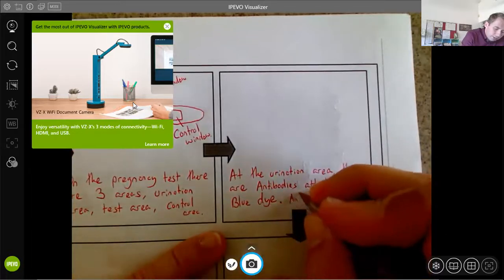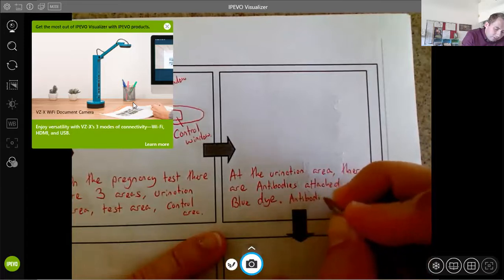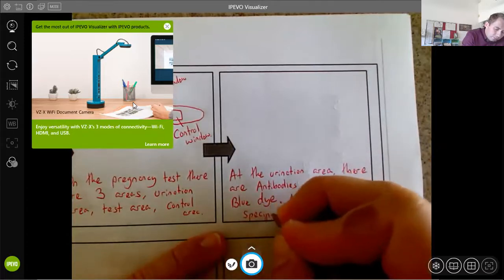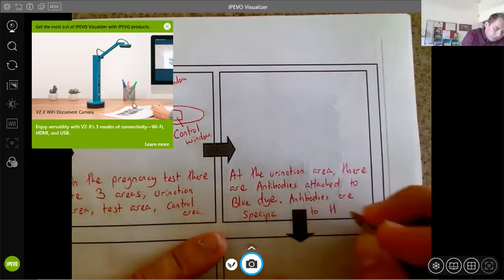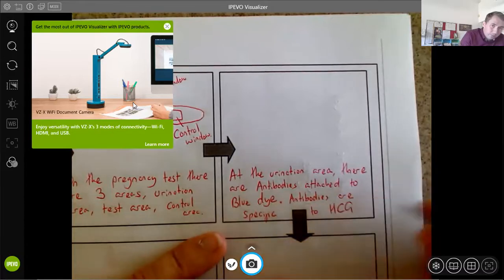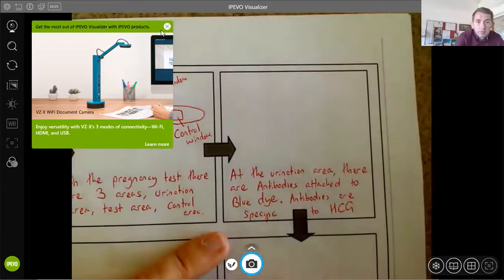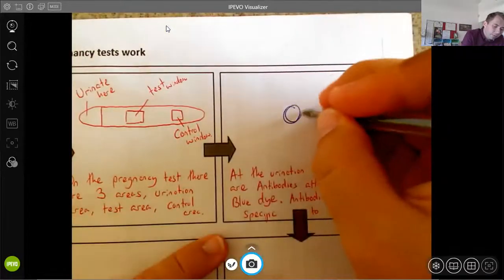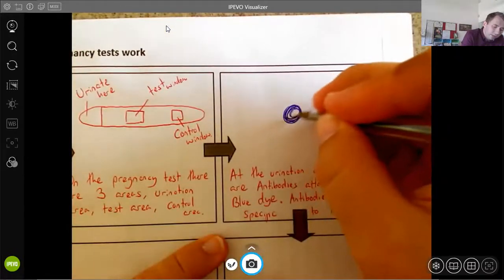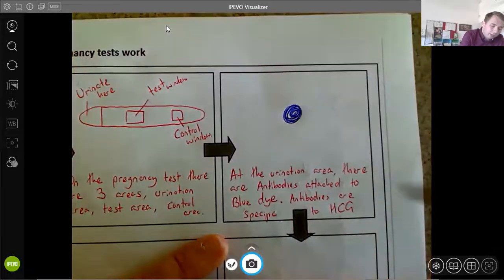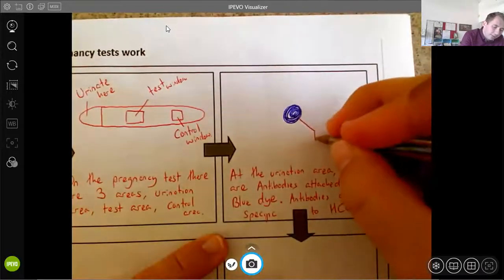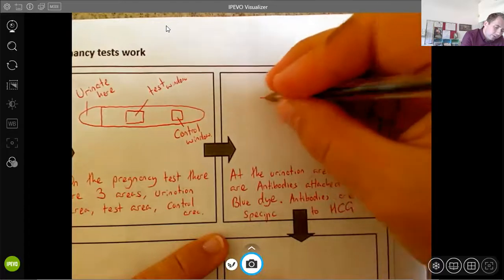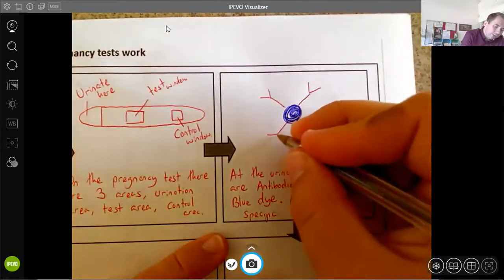The antibodies are specific to HCG. So what's going on here, okay, is we have our blue dye. So I'm going to do a blue circle here. And coming off it, you have got some antibodies. So again, my diagram looks just like that.